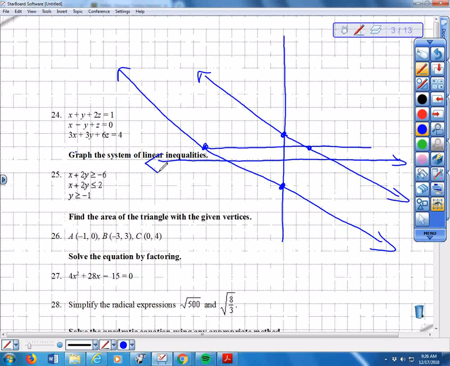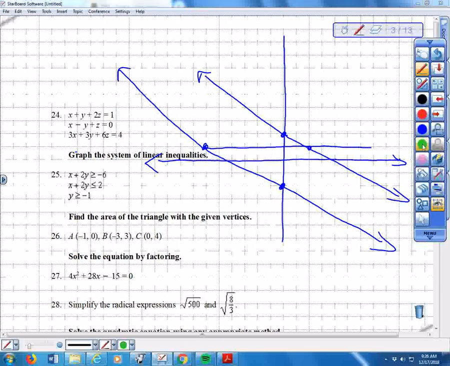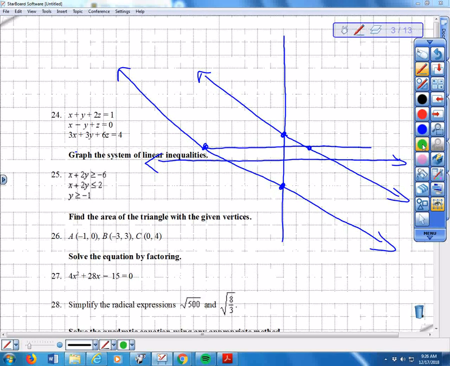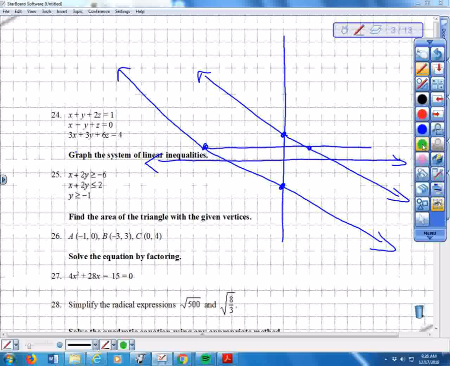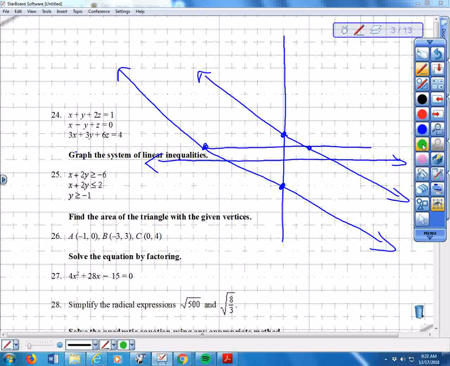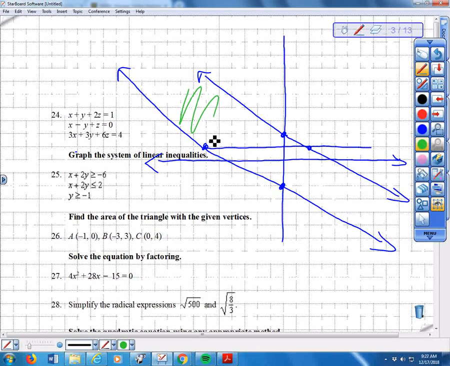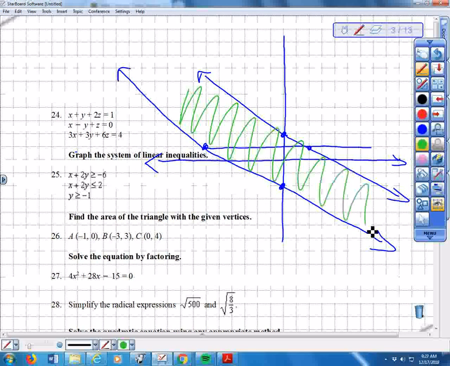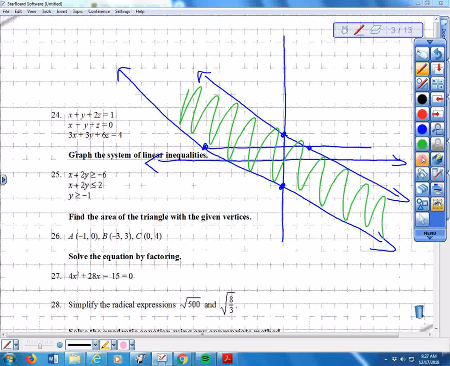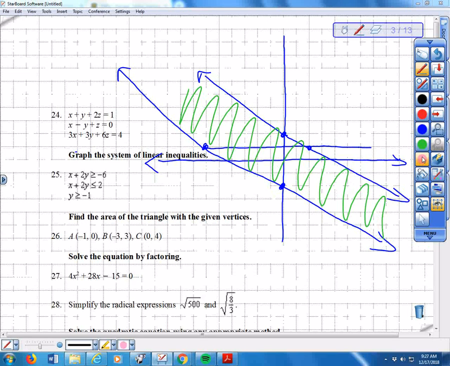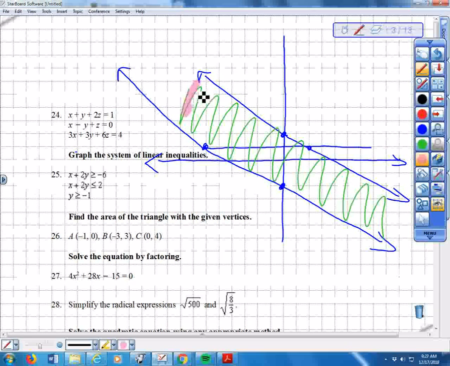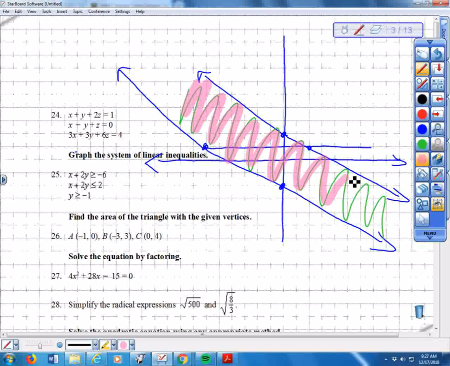Yep. Okay, now I'm going to shade everything. So when I put 0, 0 in for the first one, is 0 greater than -6? Yes. And that was this one, so it's going to be shaded above the line. Then when I put 0 in for the next, is 0 less than 2? Yes. So it's going to be between those two.